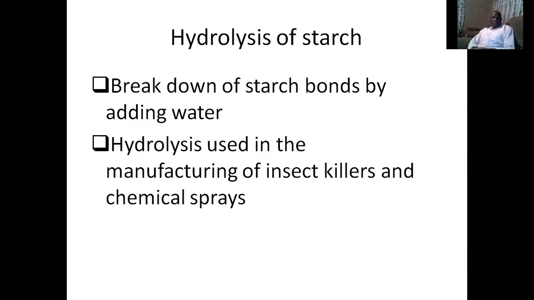One of the 2 places I've inserted here is that hydrolysis can be used in making insect killers, as well as chemical sprays. And so the hydrolysis process is that you have starch, and to this starch you add water, and then this water necessitates the breakdown of starch bonds, and therefore you now form simpler sugars.